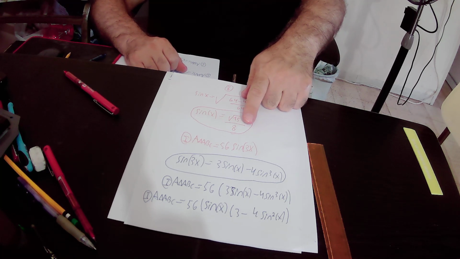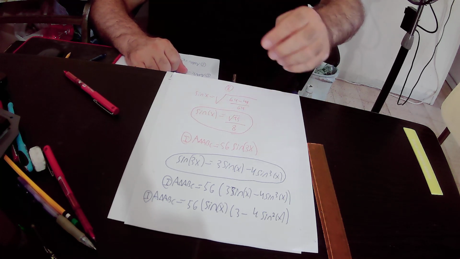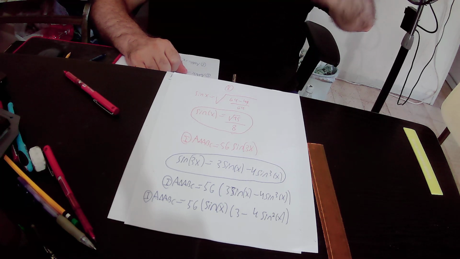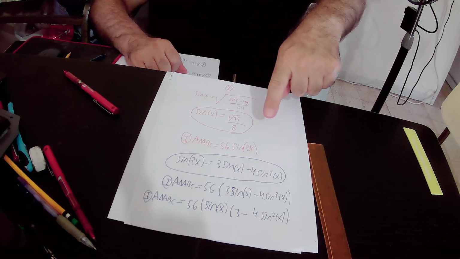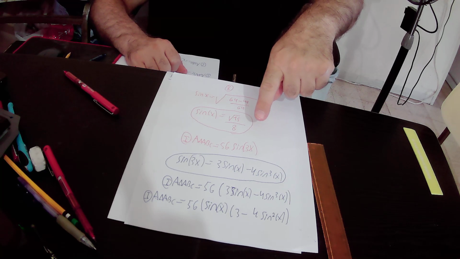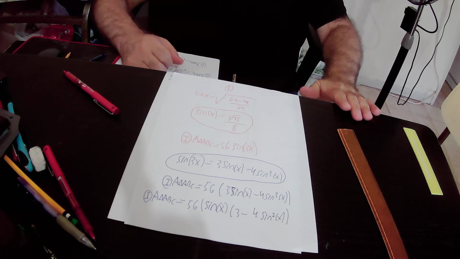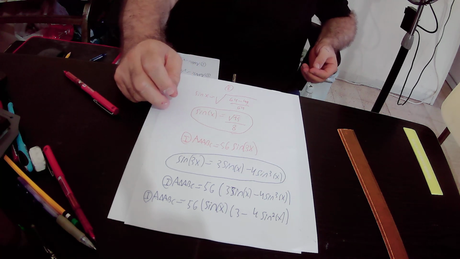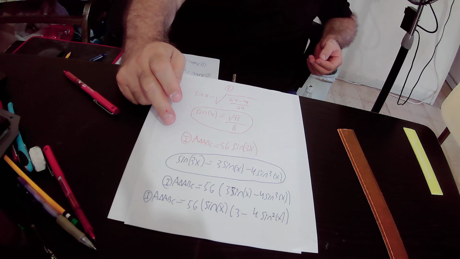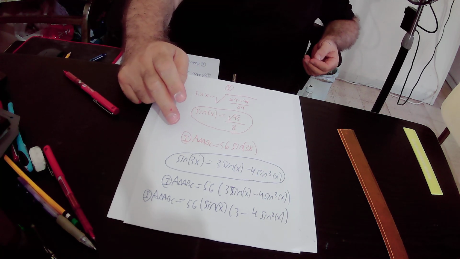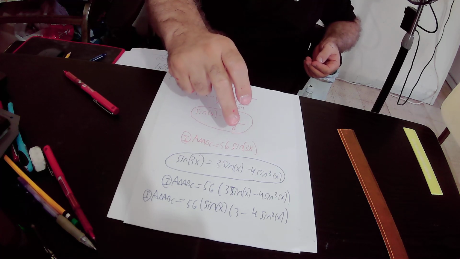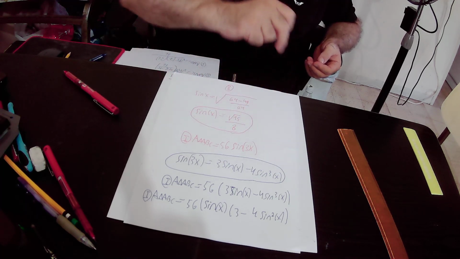And we have equation number 1 that states that the area of triangle ABC equals 56 times sine 3x. And we have the trigonometric identity that states that sine 3x equals 3 sine x minus 4 sine cube x.